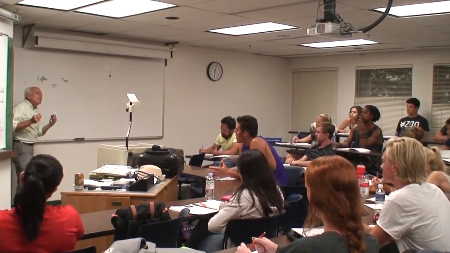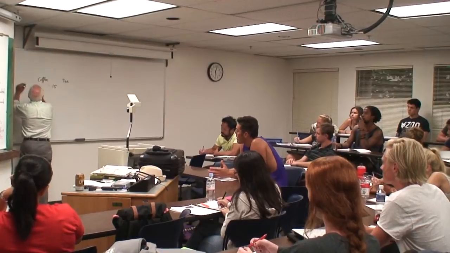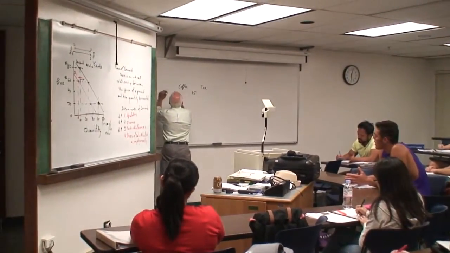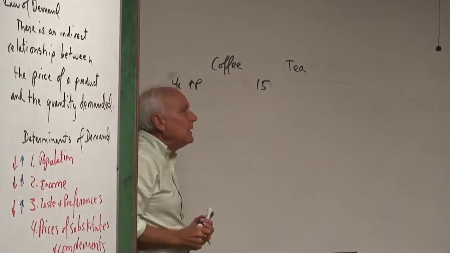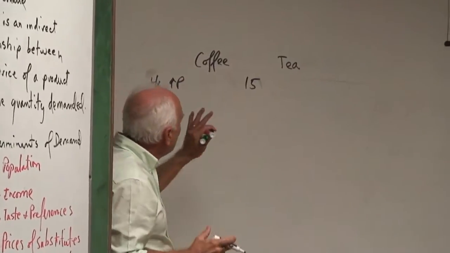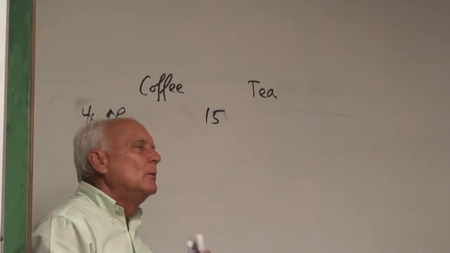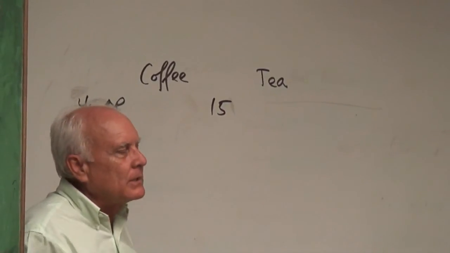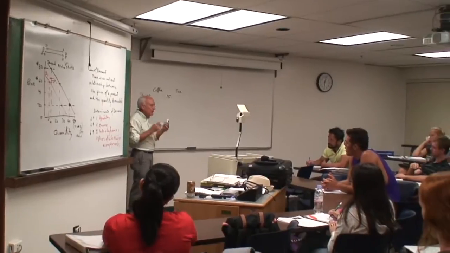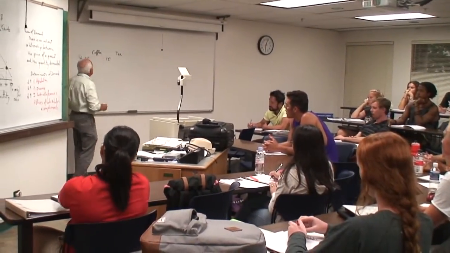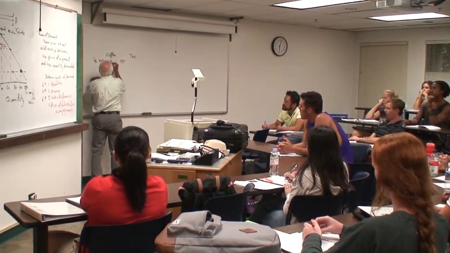Now, suppose that the price of coffee goes up by 4 times. Really soars. How many of you 15 people will take that as a strong hint that you'll change your behavior? You're going to say, well, we're not going to drink as much coffee.